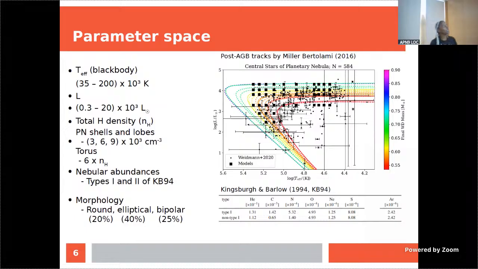Then we enter 6 times as much of these values for the torus if it's a bipolar model. Then 2 different abundances that are defined like this by Kingsbury and Barlow in 84. And of course, this is the number of observed ones in the HASH catalog: the round, the elliptical, and the bipolar planetary nebulae. We saw this morning that probably this is not really true.